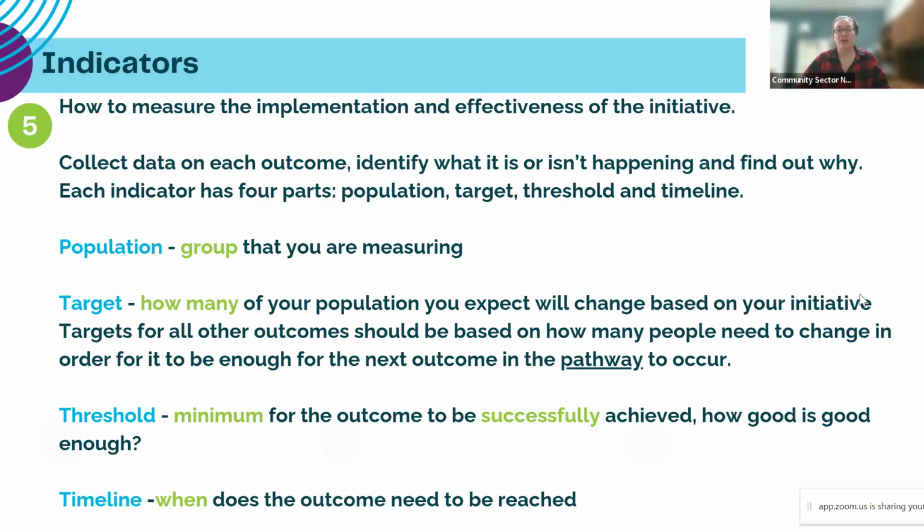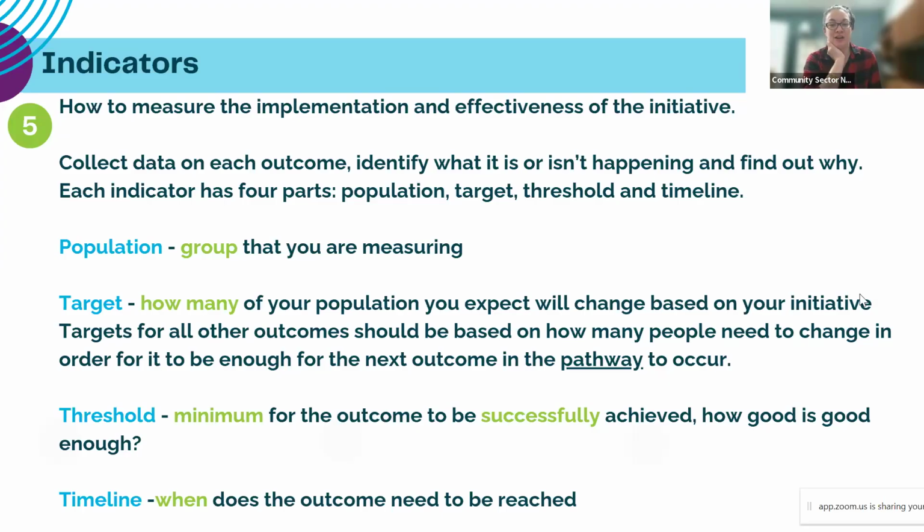And then the threshold is a minimum outcome. So how good is good enough? What does your level of success achievement look like? You're not going to be able to service the entire population likely.